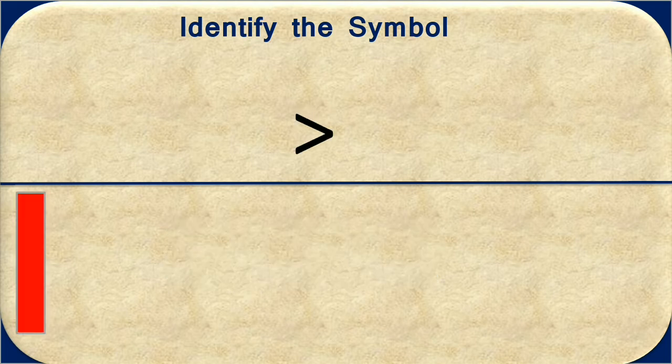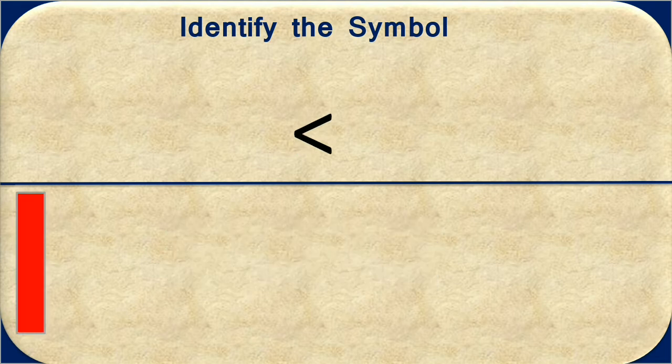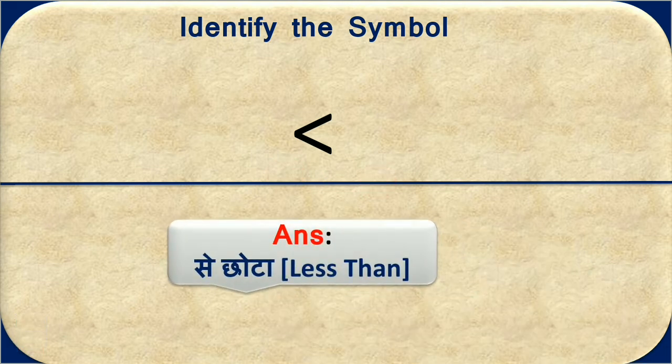Identify this symbol. This symbol is of. Identify this symbol quickly. This is greater than, se bada. Identify this symbol. This symbol is of. Identify this. This is less than, se chota. Identify this symbol.